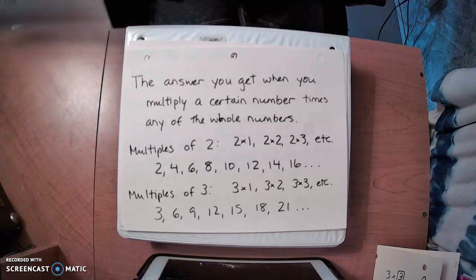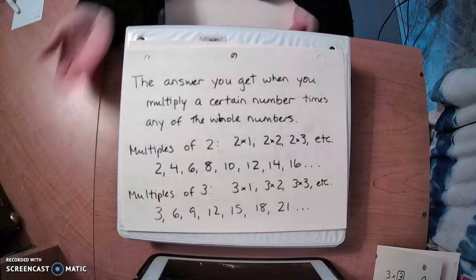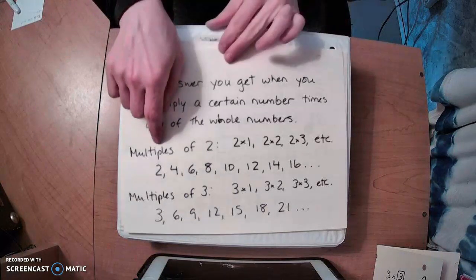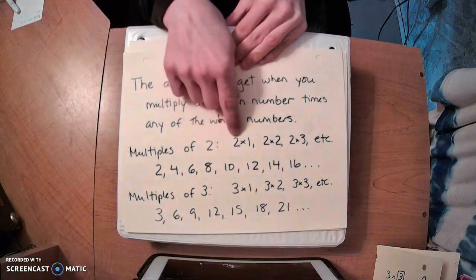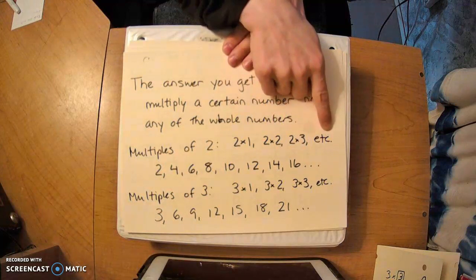All that a multiple is, is the answer that you get when you multiply a certain number times any of the whole numbers. So for example, the multiples of 2 are the answers to 2 times 1, 2 times 2, 2 times 3, and so on.